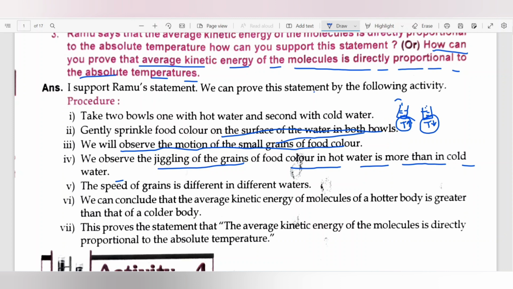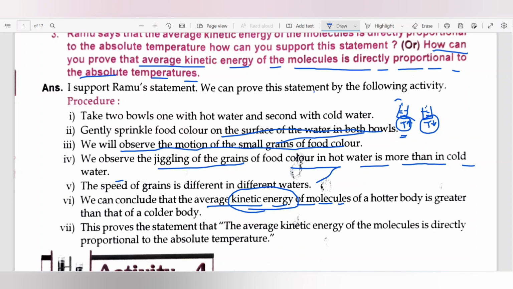So the speed of grains is different in different waters. So we can conclude about the average kinetic energy of the molecules. We know kinetic energy is the energy possessed when a body is in motion. Here the motion of the particles is faster at high temperature, that is hot water, than in the cold water.